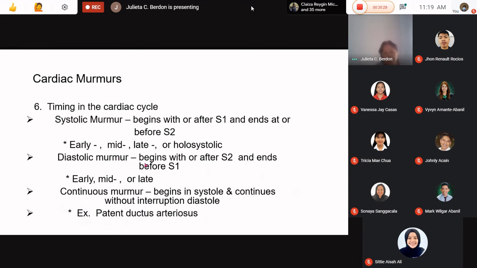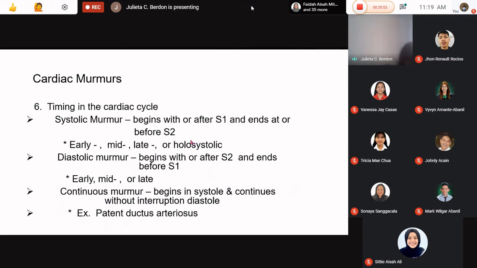Okay. Any questions so far? That will be your cardiac murmurs. Now, the examples, like pulmonary stenosis in systolic murmur.